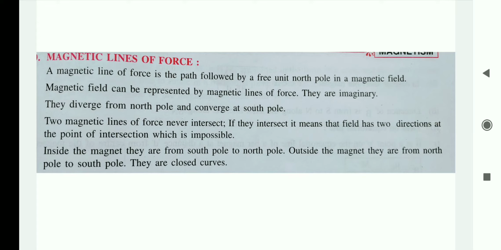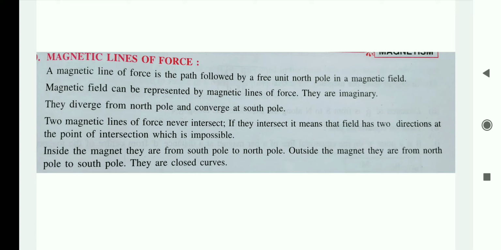The magnetic lines of force never intersect. If they intersect, it means the field lies in two directions at a point, which is impossible. Suppose two forces are acting simultaneously at a point. We get a resultant force between them.